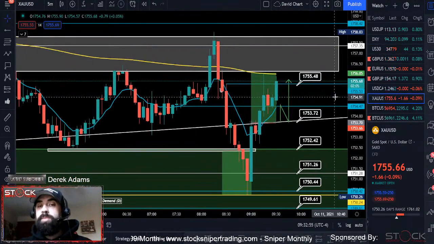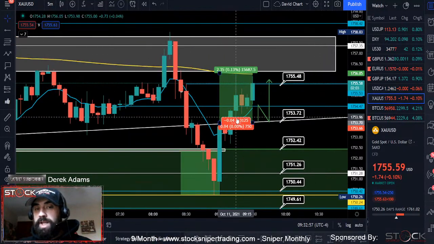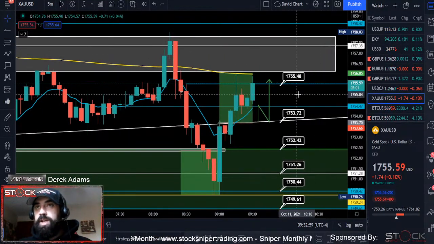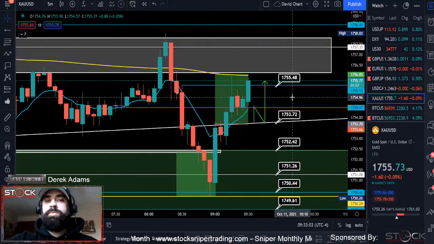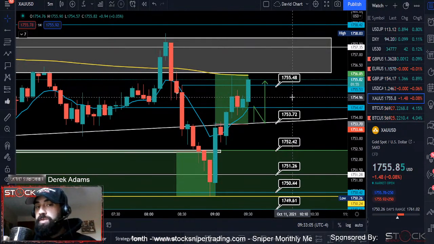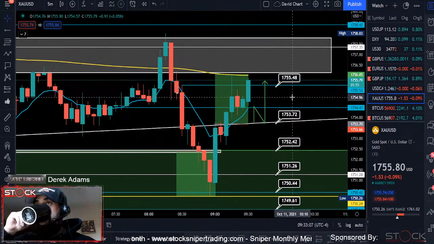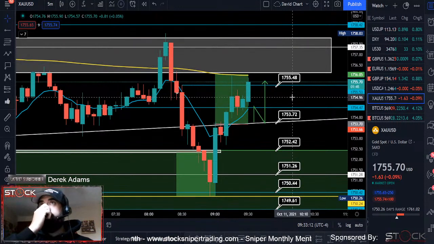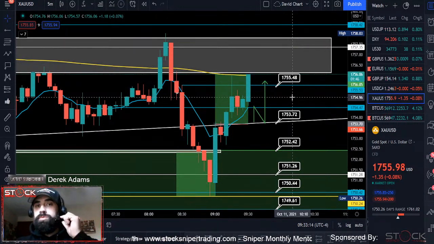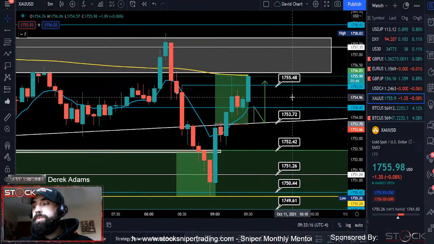Okay, I'm liking gold. You can see how gold had that continuation. Remember, it held above the 9 and it's starting to walk. 1753. Look at gold, guys, continuing bullish.